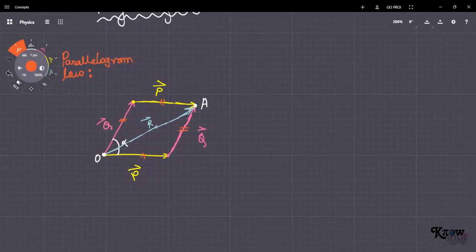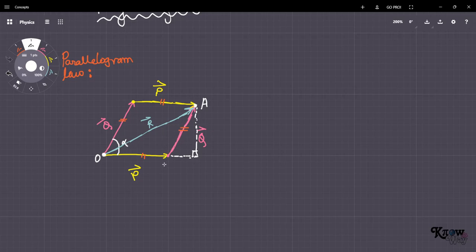Now what I would do is extend this part. Let's just dot it. Extend this part and this part right around here, so that it creates a 90-degree angle. Okay, listen carefully, see carefully.